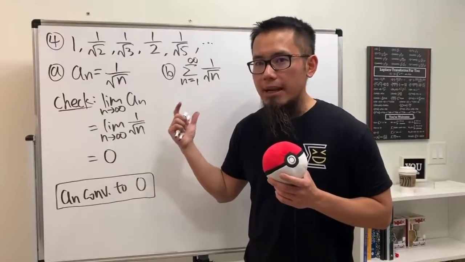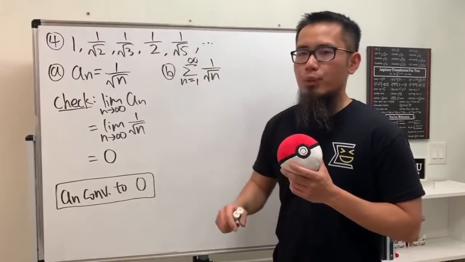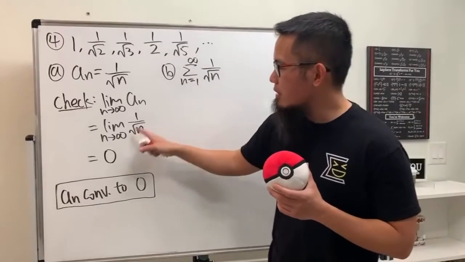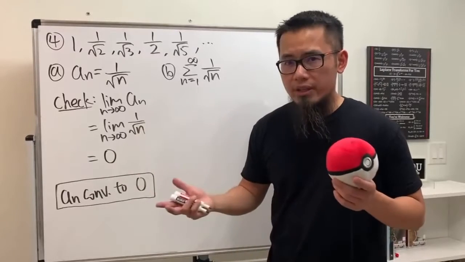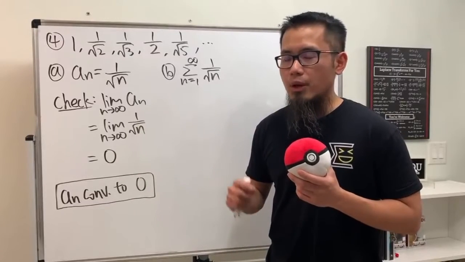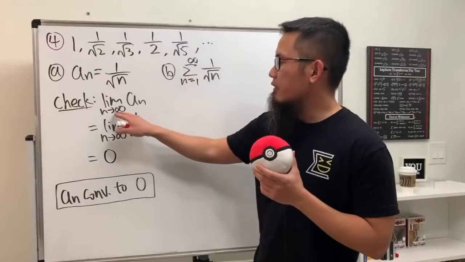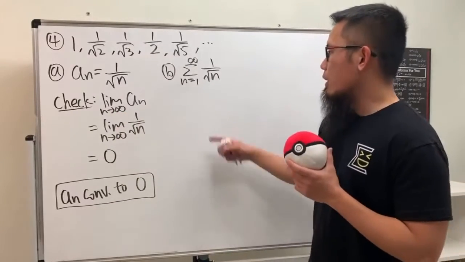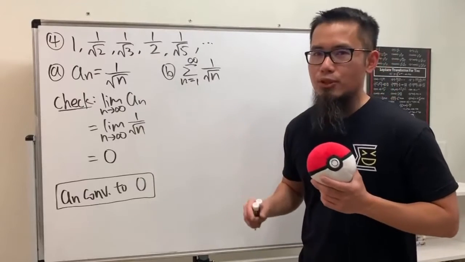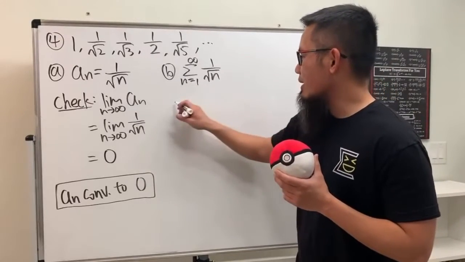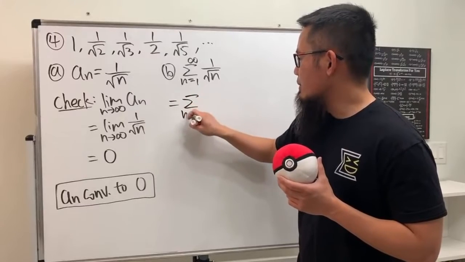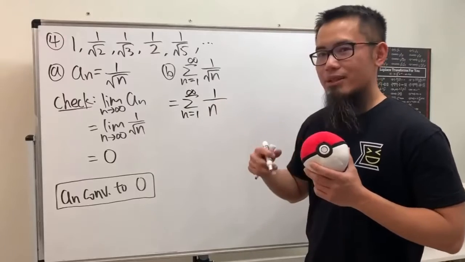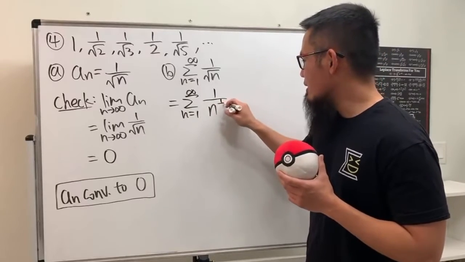But it does not mean this series will converge right away. It does not mean anything. If you see the limit of an being equal to 0, we cannot draw any conclusion. The only place that we can draw conclusion is that if the limit of an is not equal to 0, then that's the test for divergence. Well, too bad in this case, but this is not so bad either, because the deal is this right here is the same as saying the series as n goes from 1 to infinity of 1 over n. Square root is the same as 1/2 power.